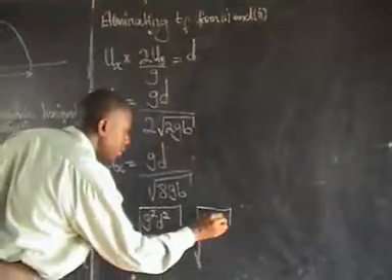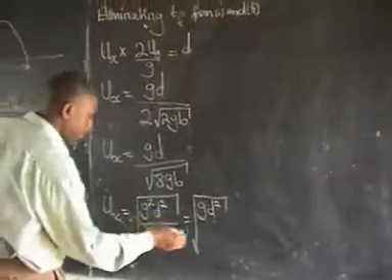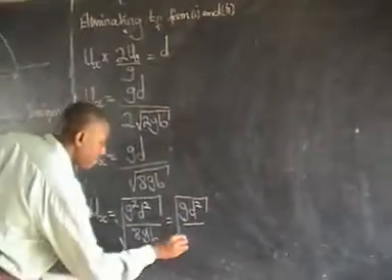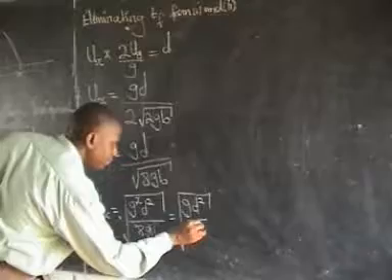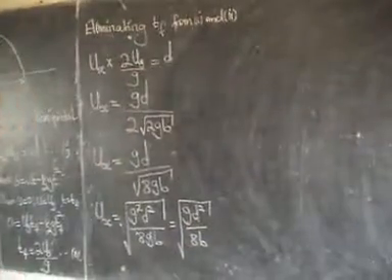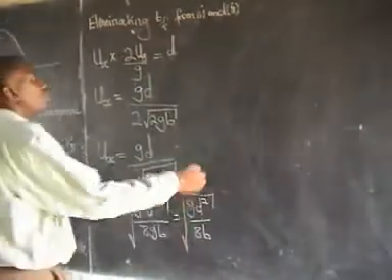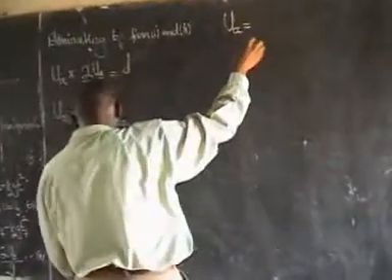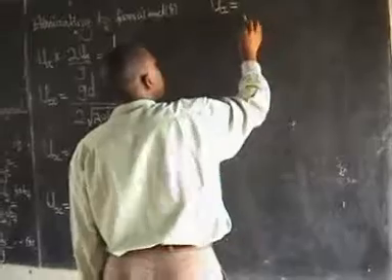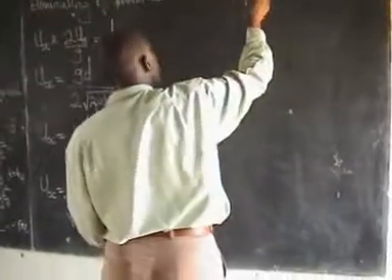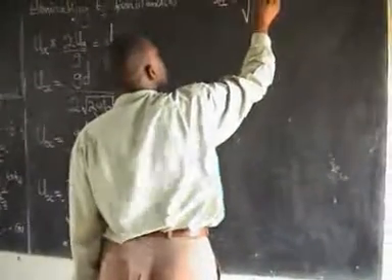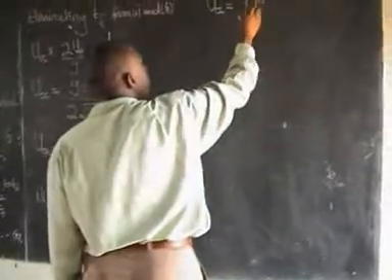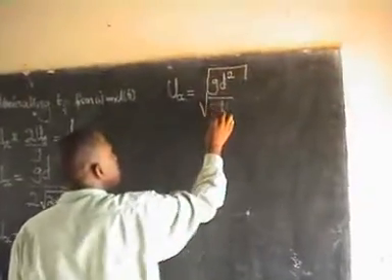So this will cancel with one of that, which can also be the same as square root of g squared d squared divided by 8b. So our horizontal component Ux equal to what we have got here, square root of g squared d squared divided by 8b.